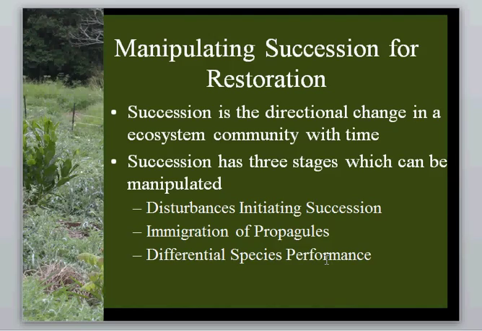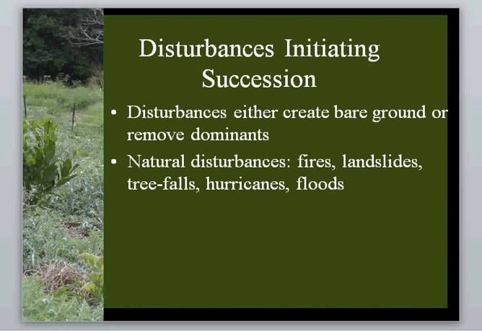So let's go through some of these different stages quickly. Disturbances either create bare ground or remove the dominance. This is quite often very important in restoration ecology. Natural disturbances would be fires, landslides, tree falls, hurricanes, floods.